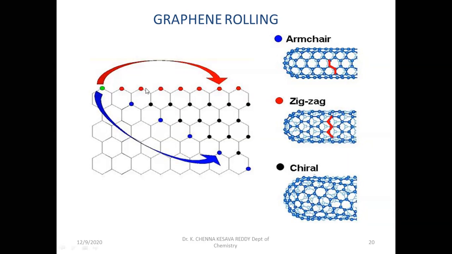In between, along the black direction, if you roll, you get a chiral carbon nanotube.